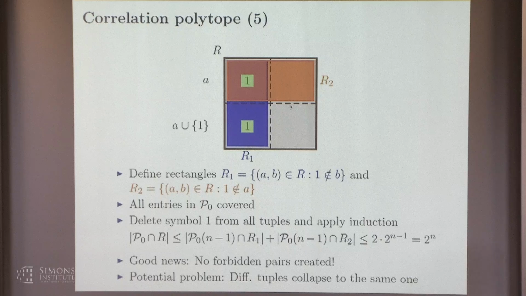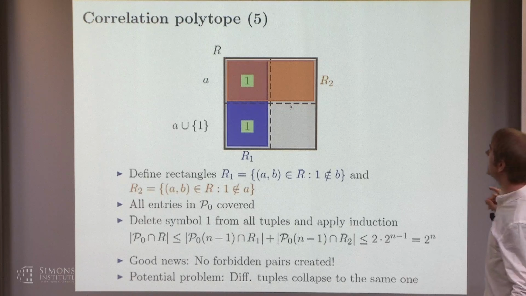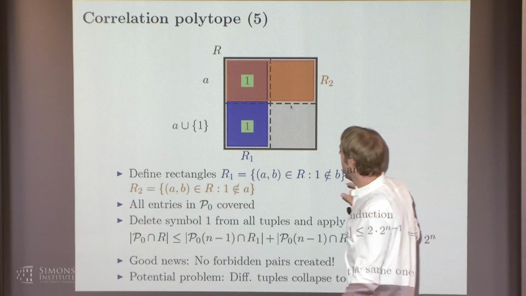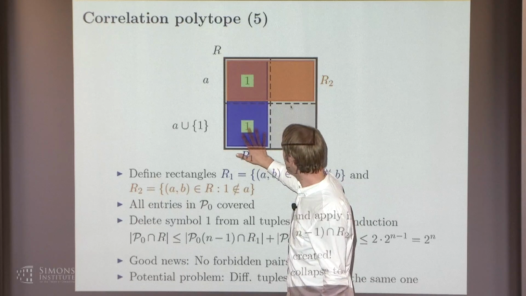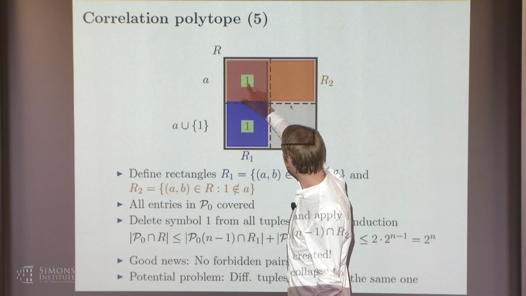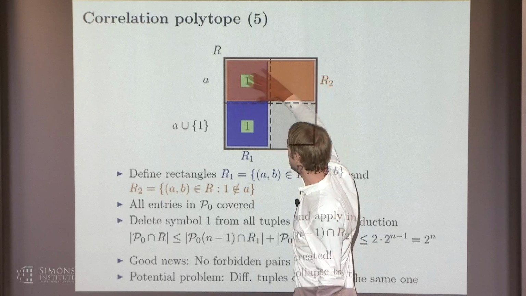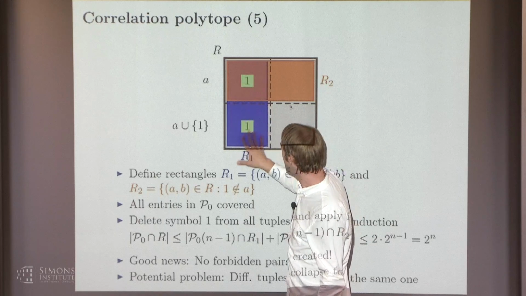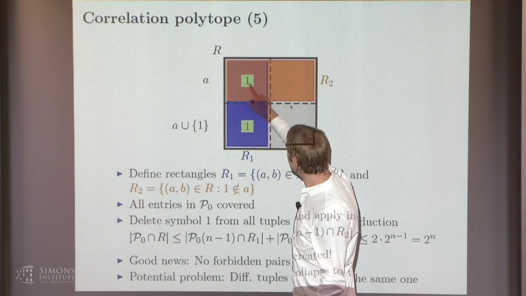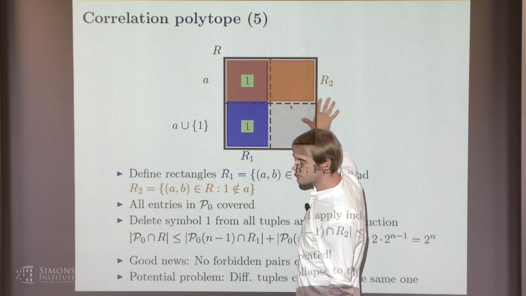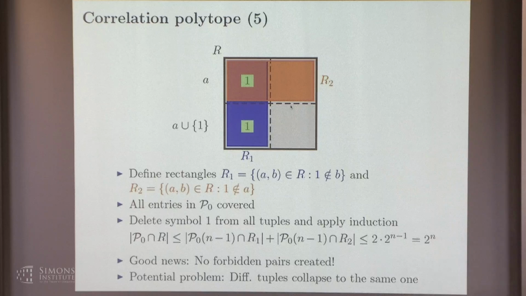OK, not good. On the other hand, staring longer at this, this tuple is counted in the blue rectangle, and it's also counted in the red one. It's contained in both rectangles, and then you're deleting things and things collapse. But it appears twice and it is counted twice because you have two rectangles. So that's good, 2 and 2, fine.